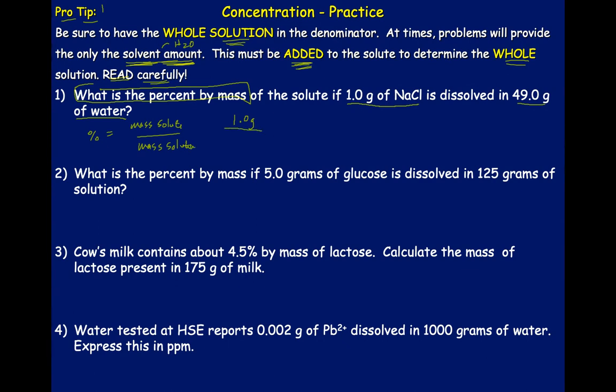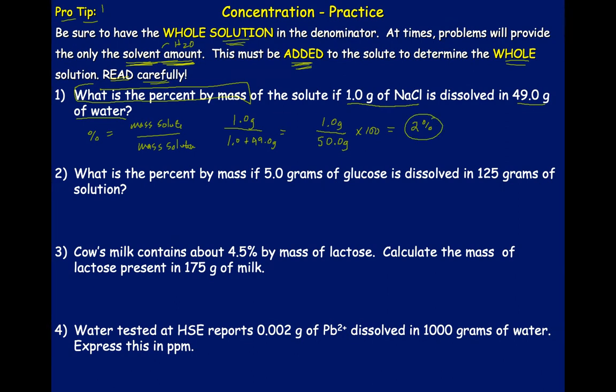So we're going to have to add the 1 gram plus the 49.0 grams. So that's going to equal 1.0 grams of your solute over 50 grams of your solution, times 100. If I do that, I will get 2% solution by mass.